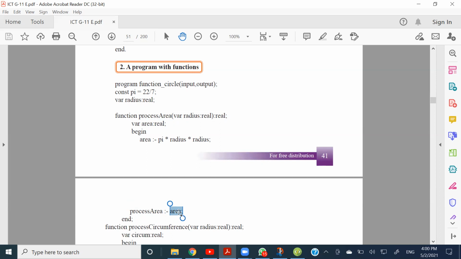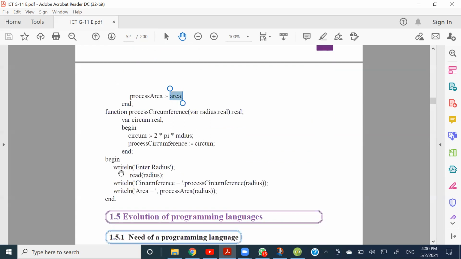Right? So likewise, see the process circumference. It is also returning something. So they have a circum variable which is in real format. So they calculate circum as 2 pi into radius, and then process circumference is assigned with circum, right?